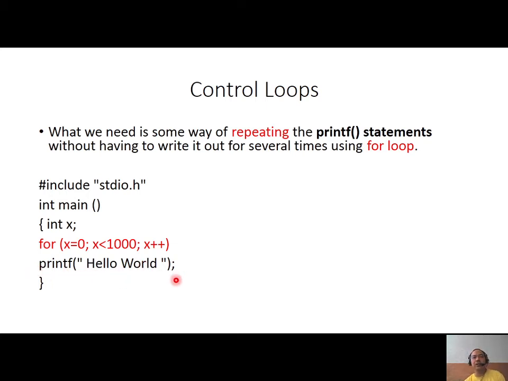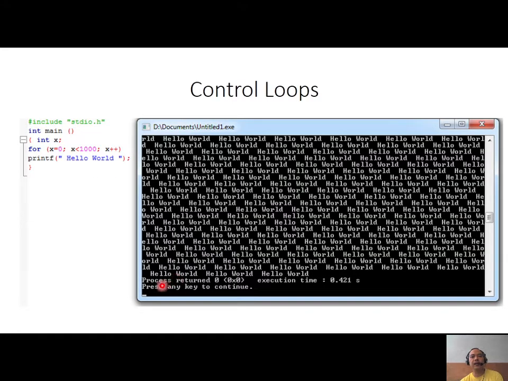But if you're going to execute this one, it will be printed 1,000 times. If you're going to run this in Code::Blocks, this will be the result. You'll be scrolling from the top to bottom, generating hello world 1,000 times.